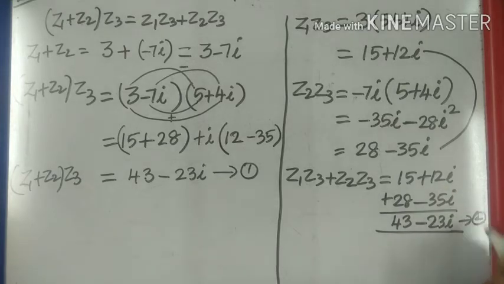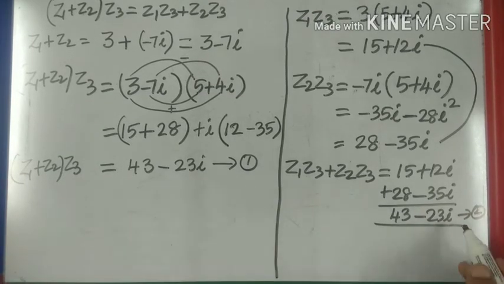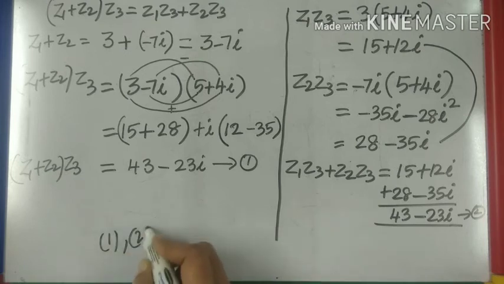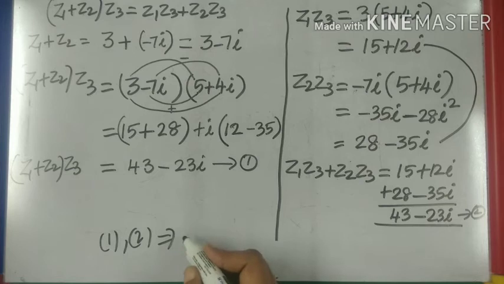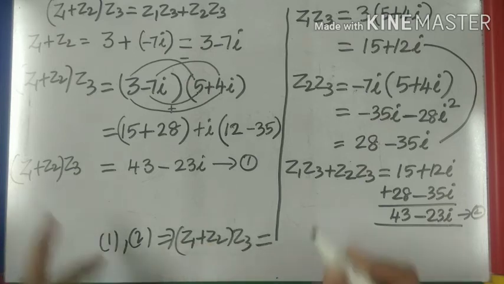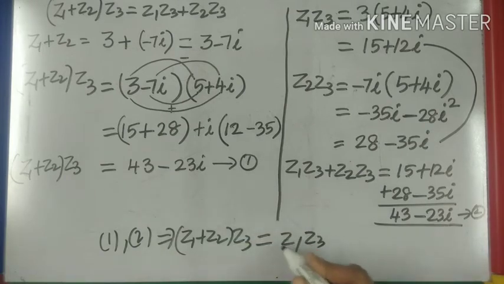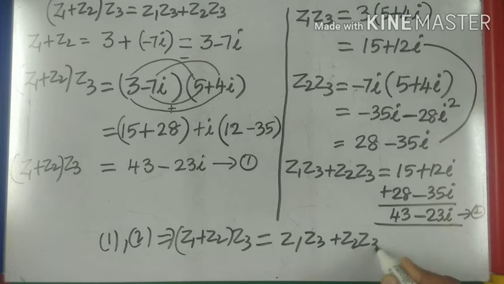Call this as number 2. So already we have shown 1 and now 2. So we say 1, 2 implies (Z1 + Z2) × Z3 equals Z1 Z3 plus Z2 Z3, and that is the result.